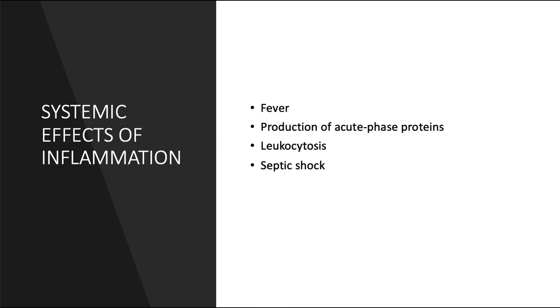We talked about leukocytosis, when cytokines stimulate production of leukocytes from precursors in the bone marrow. In more severe infections, septic shock happens: the fall in blood pressure, disseminated intravascular coagulation, and metabolic abnormalities, induced by high levels of tumor necrosis factor and other cytokines.